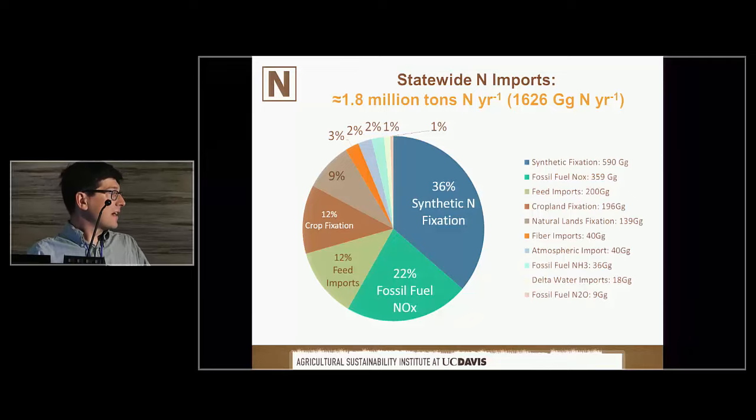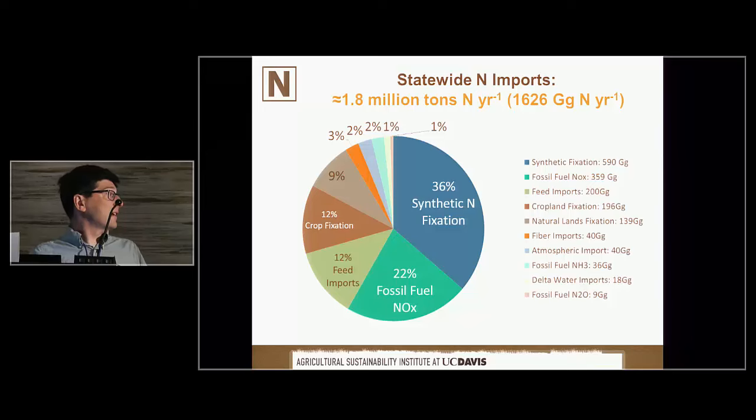And then the brown bar says 9%, that's the biological fixation in natural lands in the state. What that suggests is that because of human activities, we have about 10 times more nitrogen coming into the state every year than we would have in the absence of human activity. And there are a few other smaller inputs of nitrogen to the state as well.